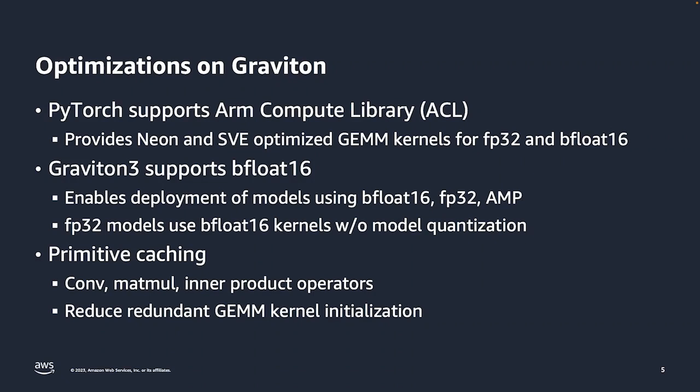Additionally, there's primitive caching implemented for conv, matmul, and inner product operators. So if your models are heavily utilizing those functions, then you can also see an improvement in performance as well, since that reduces any redundant GEMM kernel initializations or additional torch overhead.